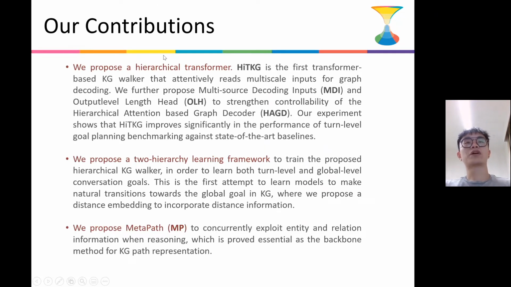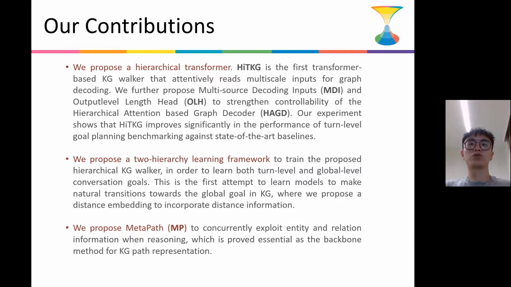So let me introduce our contributions in this paper. We propose a hierarchical transformer. HiTKG is the first transformer-based KG walker that attentively reads multiscale inputs for graph decoding. We further propose multi-source decoding inputs and an output-level length head to strengthen the controllability of the hierarchical attention-based graph decoder.